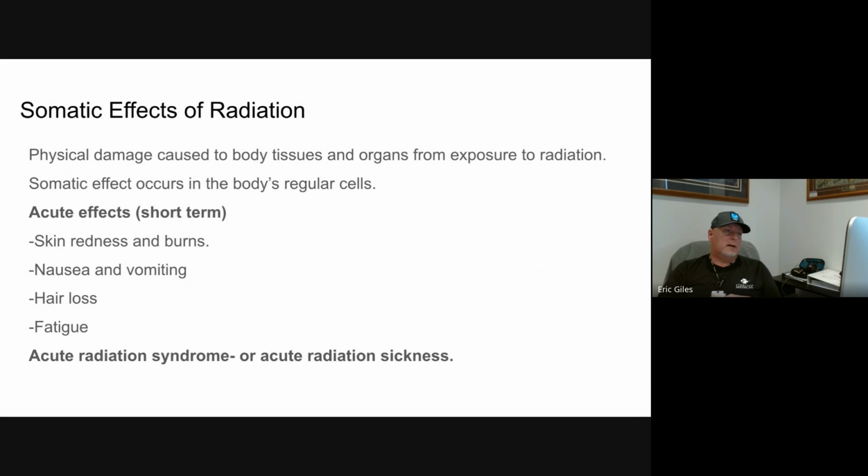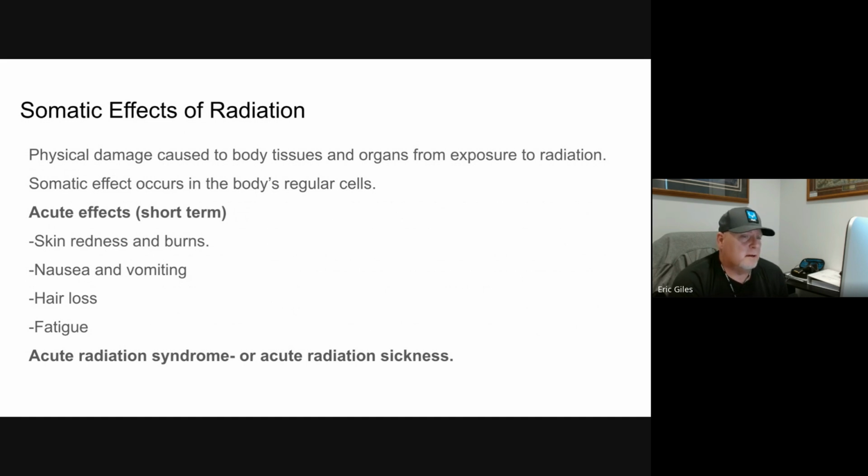Let's see, somatic effects of radiation. Physical damage caused to the body tissues and organs from exposure to radiation. Somatic effects occur in the body's regular cells. Some acute effects of radiation, or short-term: skin redness or burns, nausea and vomiting, hair loss, fatigue.